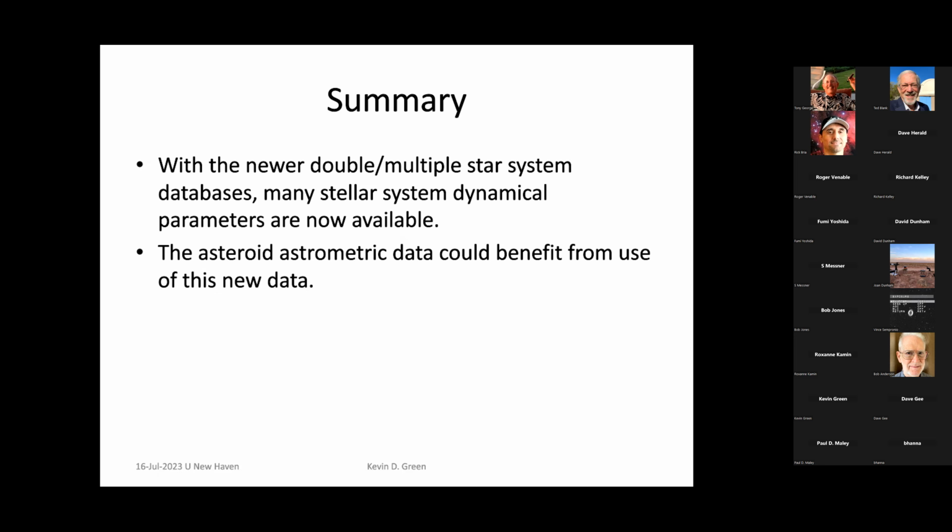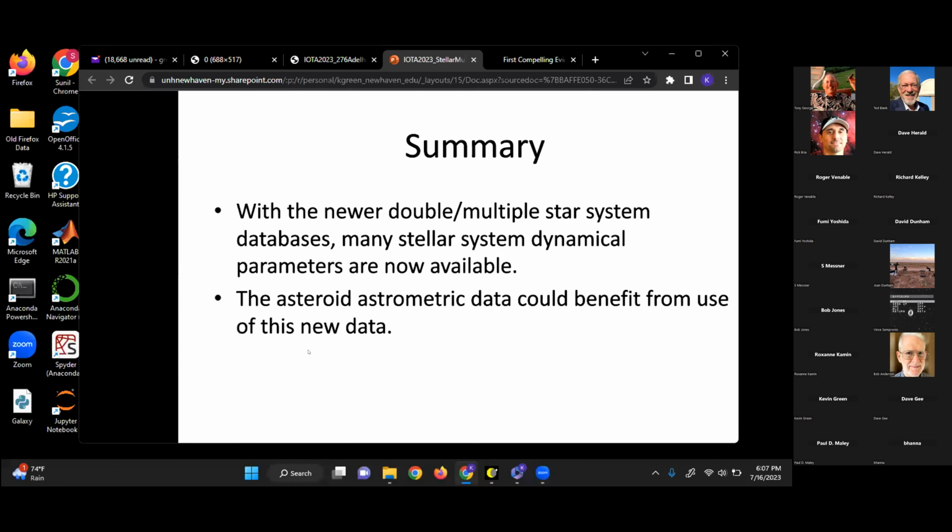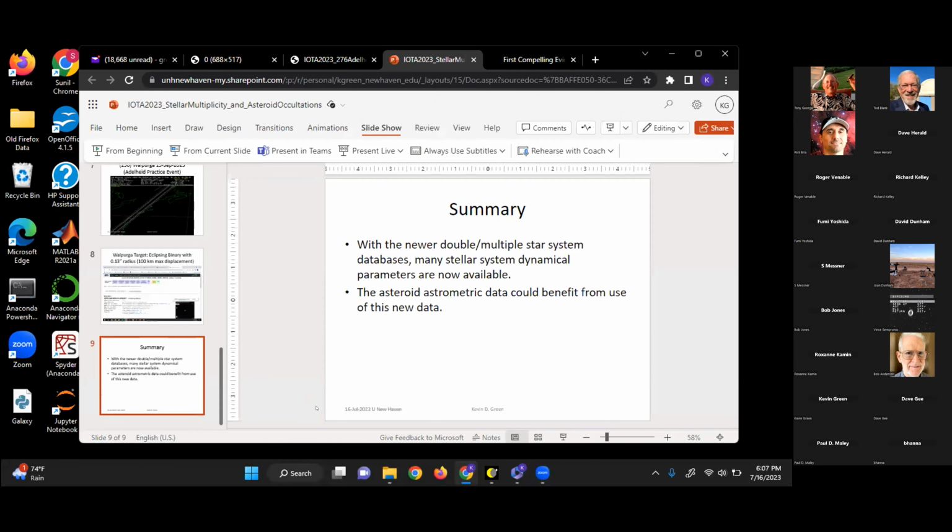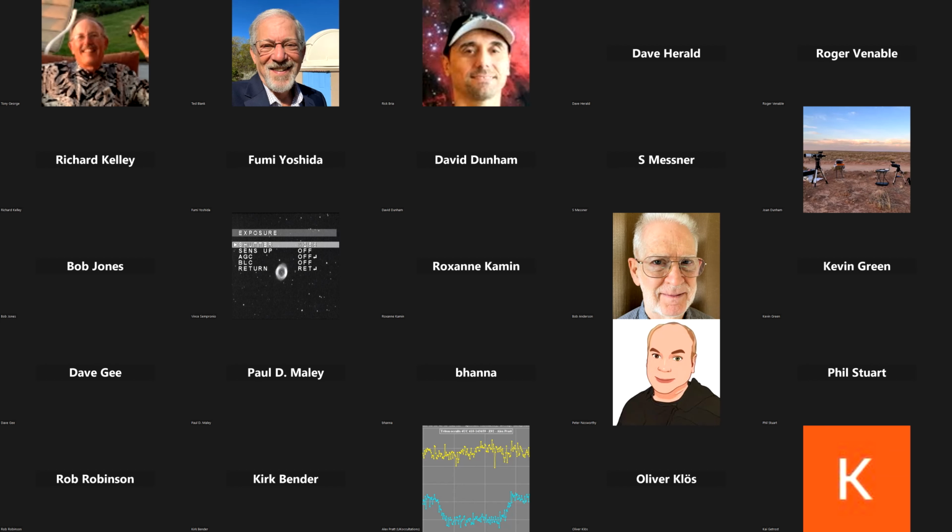I think that would be beneficial, and this is an avenue I'm pursuing: to try to get the asteroid astrometric data more accurately depending upon the stellar positions. For the Stadola event, the astrometry is still not bad, but it could be a factor of 10 better if we can nail down where those stars actually were during that event time. That's all I'm going to say on that right now, and I'll stop sharing and release it back to you.